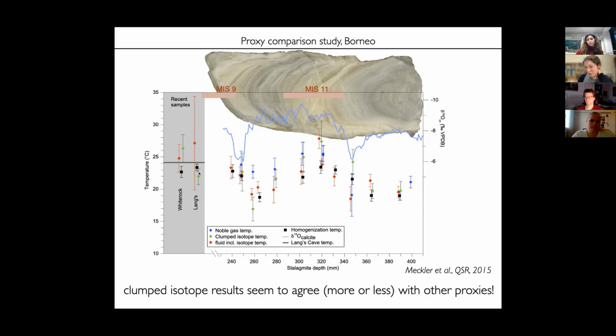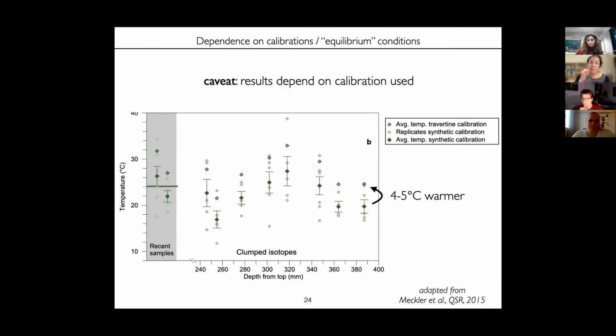So there seem to be cases where clumped isotopes might work relatively directly, although I also need to point out that it depends quite a lot on which calibration you use. For those results, we were using a calibration we made in the lab based on very slow precipitation of calcite. With that slow precipitation method, we could get temperatures that agree with the other proxies.